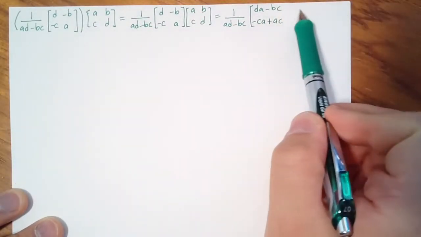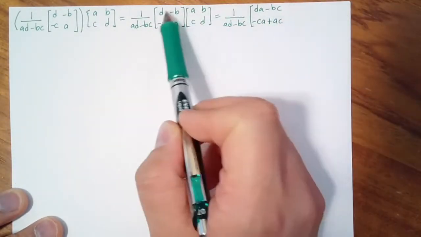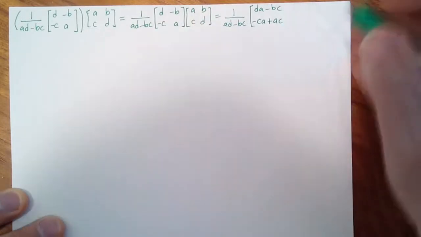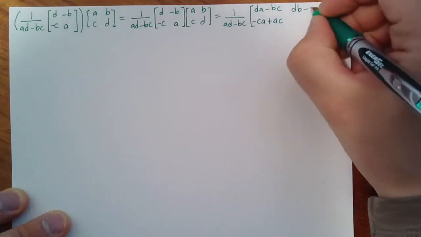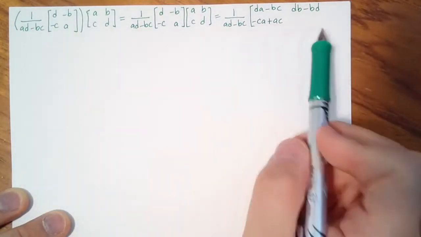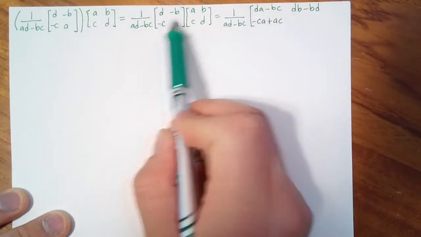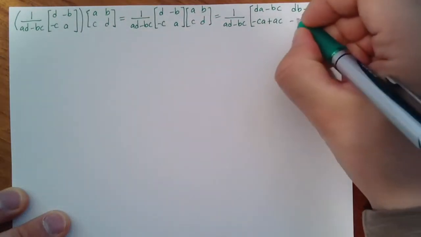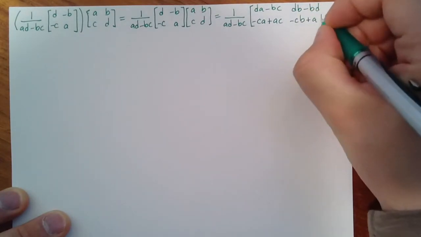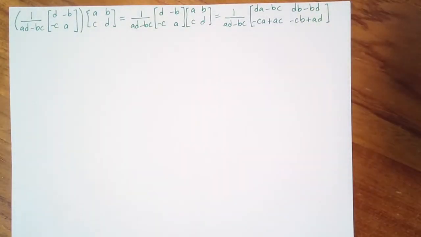And then what about the entry over here? We'll have D times B minus B times D. And then for our final entry in the bottom right corner, we'll have negative C times B plus A times D. So that's what you get if you carefully work out the product.